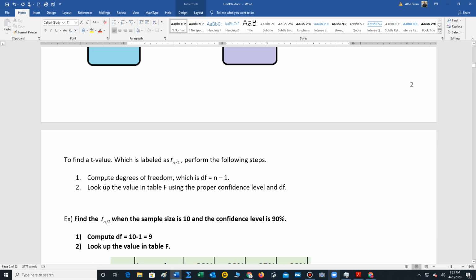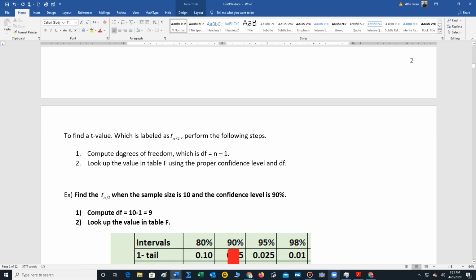So the process to find a t-value, which is denoted as t sub alpha over 2, we perform the following steps. First, we compute our degrees of freedom. It's always n minus 1, sample size minus 1. Then we're going to look up our t-value in table F using the confidence level and the degrees of freedom.